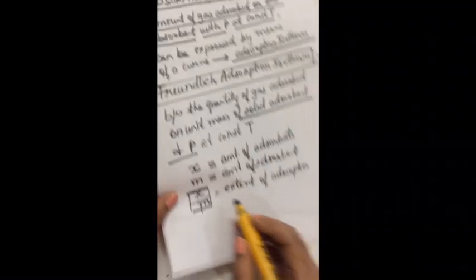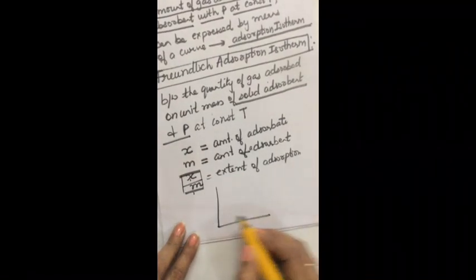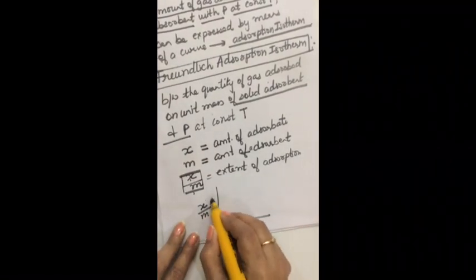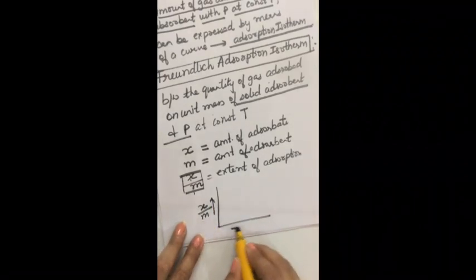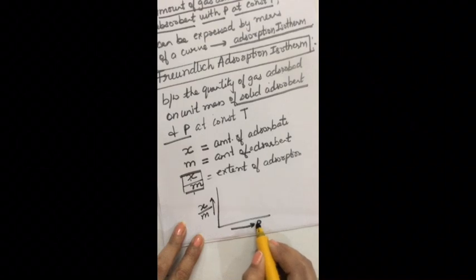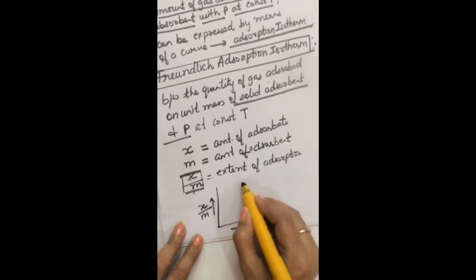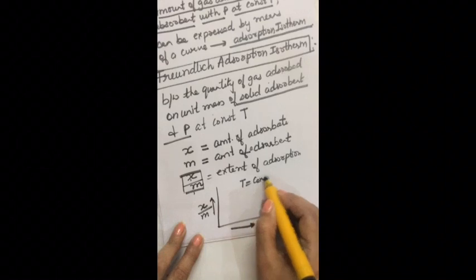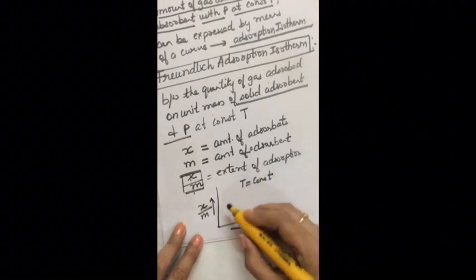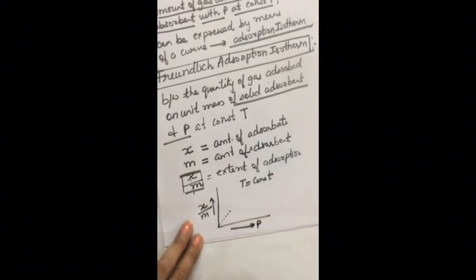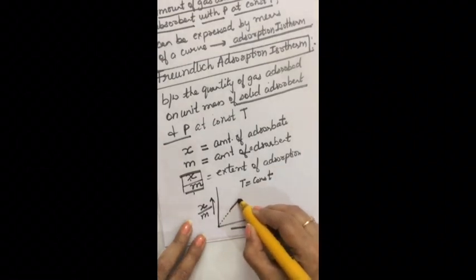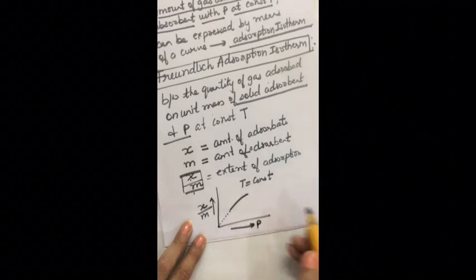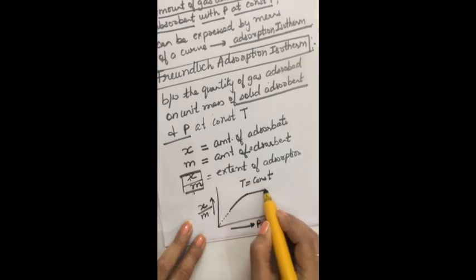So in this curve we are taking x by m on one side, that is the extent of adsorption, and we study its relationship with the pressure by keeping the temperature constant. The graph will be a straight line at low pressure, slightly curved at intermediate pressure, and at high pressure this almost becomes constant.